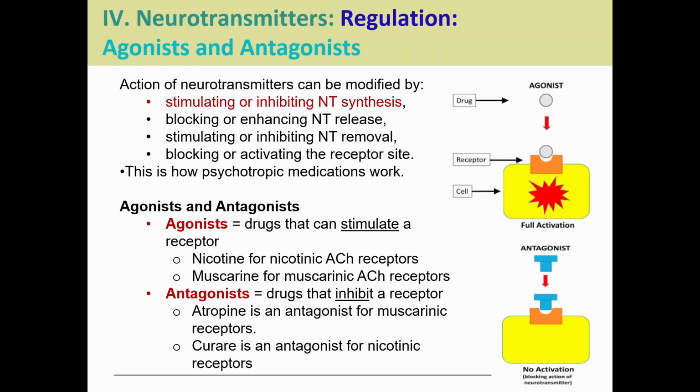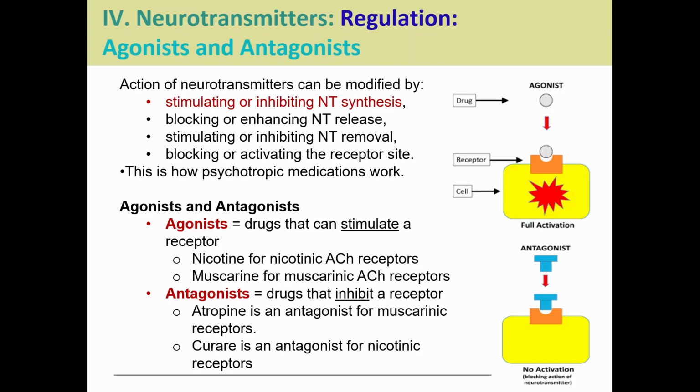We can stimulate or inhibit the removal of the neurotransmitter, so stop the removal so the neurotransmitter keeps working, or do remove it and stop its action. Or we can go right to the receptor site, so block or activate the receptor. If the receptor is blocked, then the neurotransmitter can't bind even though it's there. A lot of the medications for certain mental health conditions work by doing one of these things, by modifying the actions of a neurotransmitter.